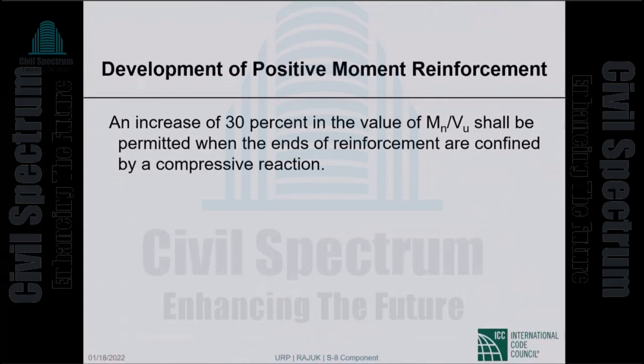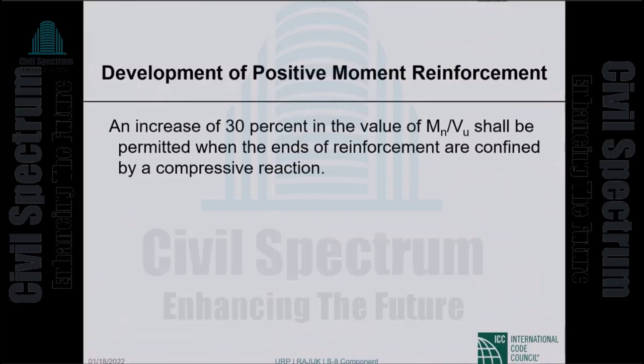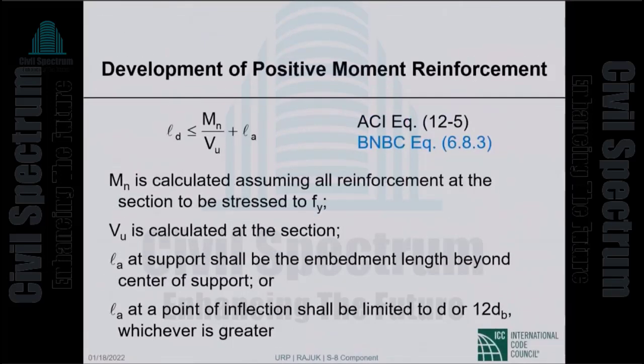Now, an increase of 30% in the value of M sub N over V sub U shall be permitted when the ends of reinforcement are confined by a compressive reaction. So at the support, if the support reaction provides compression, okay, the beam is pressing down, the support is pressing up, compression is created.